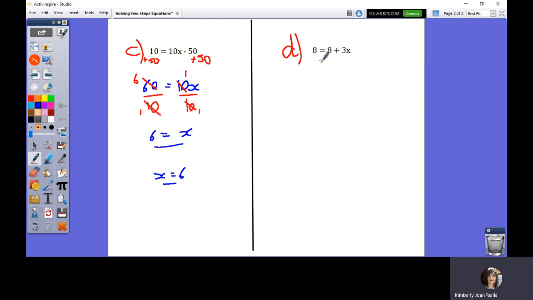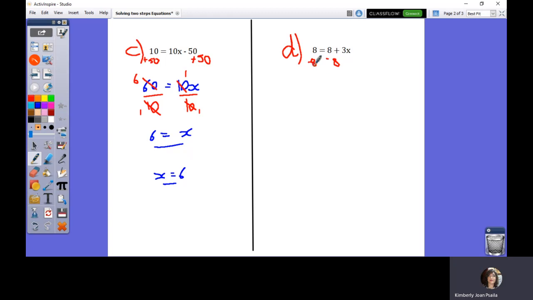Let's move on to our last example here. 8 equals 8 plus 3x. So first, let us get rid of this 8. First, try to get rid of those extra values which are not part of the x terms. In order to get rid of this positive 8, I subtract 8 on both sides.